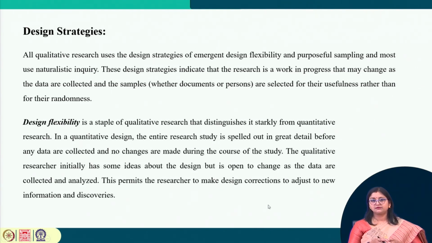So, design flexibility is a staple of qualitative research that distinguishes it from quantitative research. In a quantitative design, the entire research study is spelled out in great detail before any data are collected, and no changes are made during the course of the study, almost no changes.